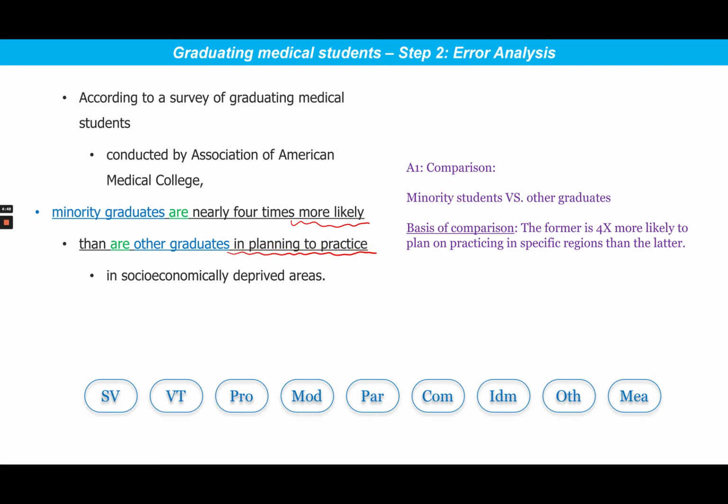This is not the correct way of writing this idiom or presenting this expression. The correct expression should be A, which is minority graduates, is more likely to plan on doing something. That's the correct idiom that we need in this sentence. So this sentence most certainly has the idiom error. Now this is the only error in this sentence, so choice A is incorrect.